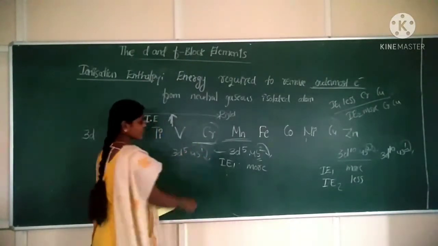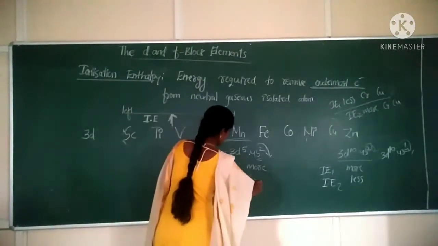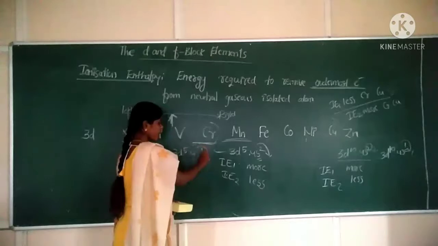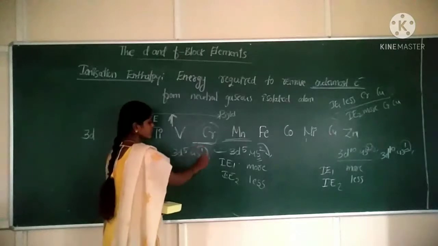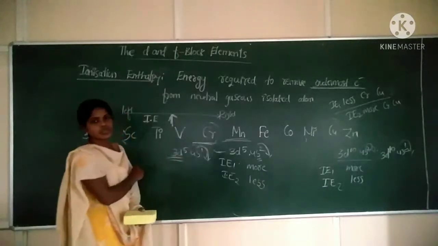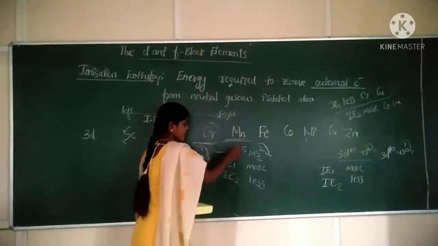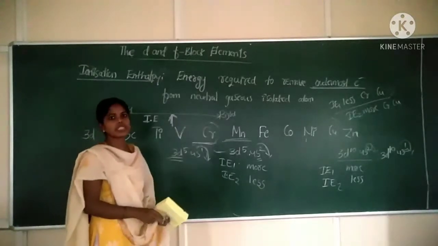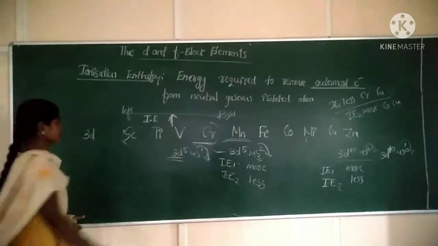The second ionization enthalpy will be less for two reasons. One, it is an unpaired electron, so it can easily be lost. Second, if you remove the second electron, it will attain a stable half-filled configuration. So the first ionization enthalpy will be more for manganese and the second will be less. These are some irregularities you can observe in the ionization enthalpy of the 3d series. Clear? Okay.